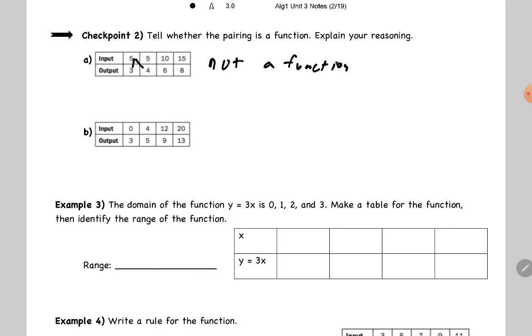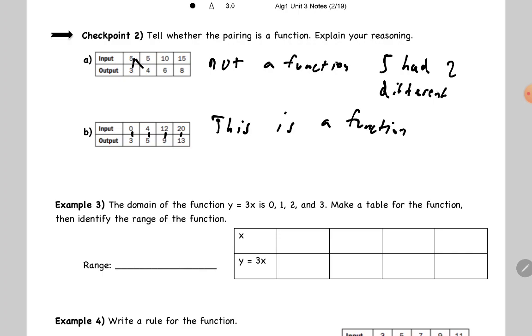For every input, there must be only one output. Okay, part B, 0 goes to 3, 4 goes to 5, 12 goes to 9, 20 goes to 13. This is a function. So this one, 5 had 2 different options, 2 different outputs.